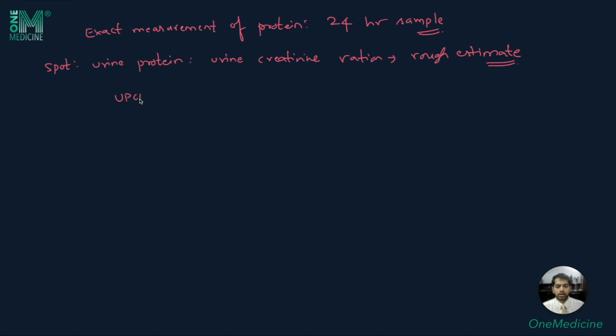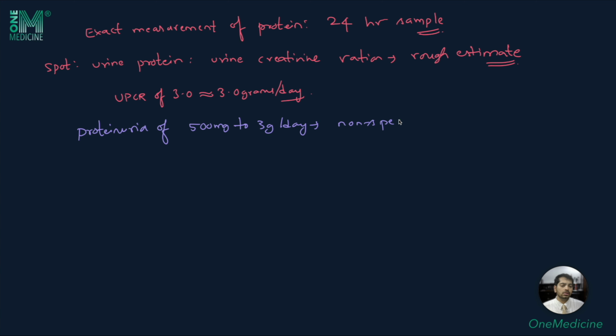A urine protein creatinine ratio of 3.0 indicates that the proteinuria is approximately 3 grams per day. Proteinuria of 500 milligrams to 3 grams per day can be due to non-specific causes.